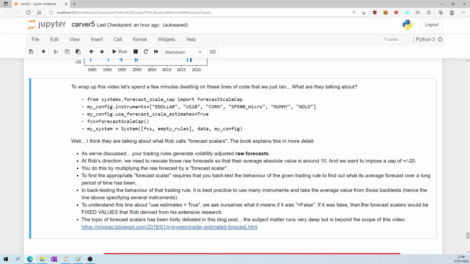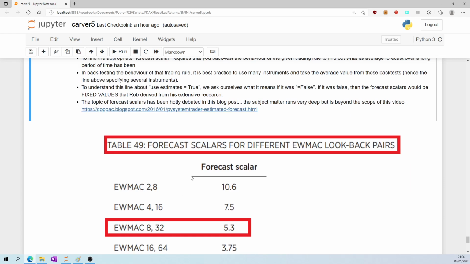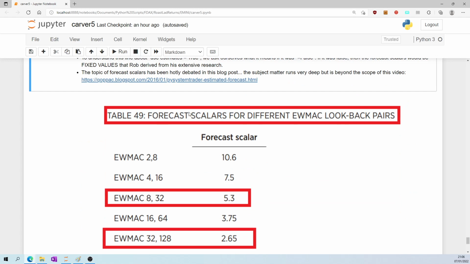If it was false, then the forecast scalars would be fixed values that Rob derived from his extensive research and which he reports in his book in this table. Forecast scalars for different EWMAC lookback pairs. And for EWMAC 8-32, the forecast scalar is 5.3.